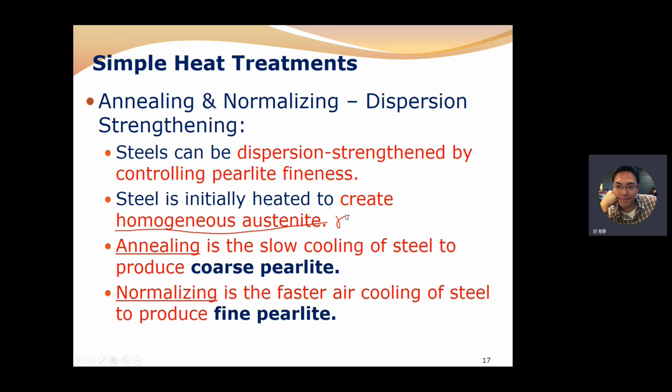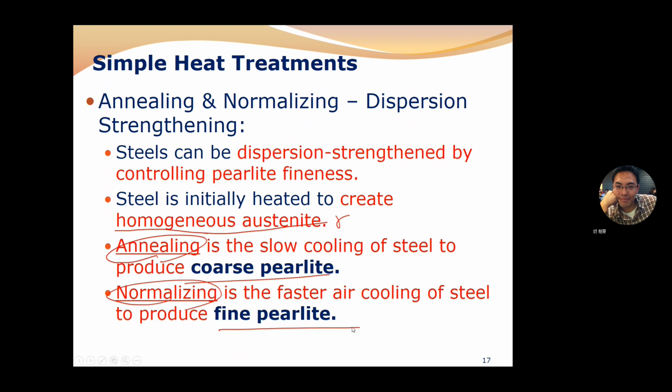And this homogeneous austenite, cooled with a fast cooling rate in air, gives a fine pearlite, and this process is called normalizing. So annealing gives coarse pearlite, normalizing gives fine pearlite.